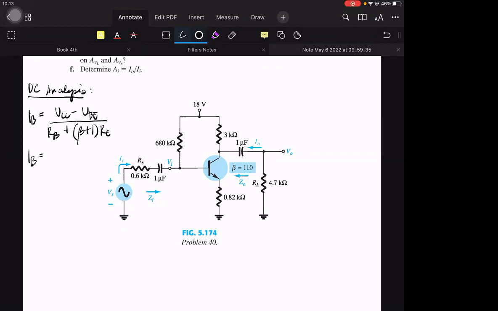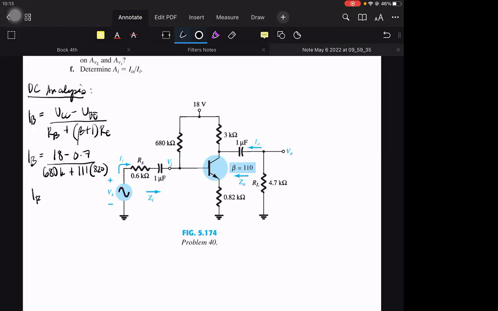So this is 18 minus 0.7 all over 680K plus beta is 110, so 111 times RE, which is 0.82K, so 820 ohms.